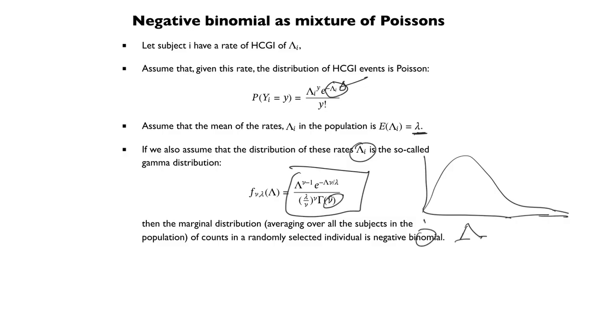Again, the math is not terribly important for this class, but that's what it's assuming. I put those two together, and I want to get just the probability of y itself. I have to get the probability that you're a particular yi, then integrate over all possible lambda i's according to this continuous distribution, and that will give me my marginal distribution, the thing that I would define my likelihood, and that turns out to be a negative binomial.